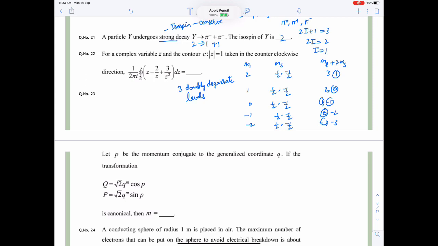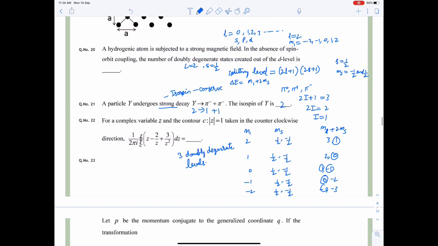Actually the formula is about how many levels it will split into. By applying this we get 10 splitting levels. When you apply L and S, you get the answer 10. But there are 3 doubly degenerate levels, so there will be 10 minus 3.